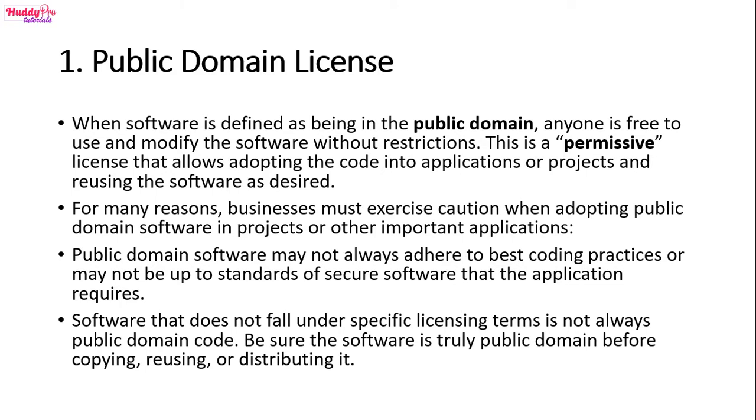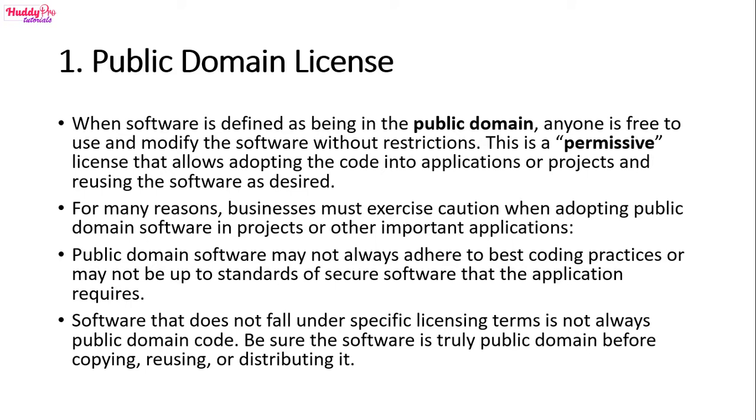This is a permissive license that allows adopting the code into applications or projects and reusing the software as desired. So you can get the code and modify it and then you reuse it in a way that you desire.